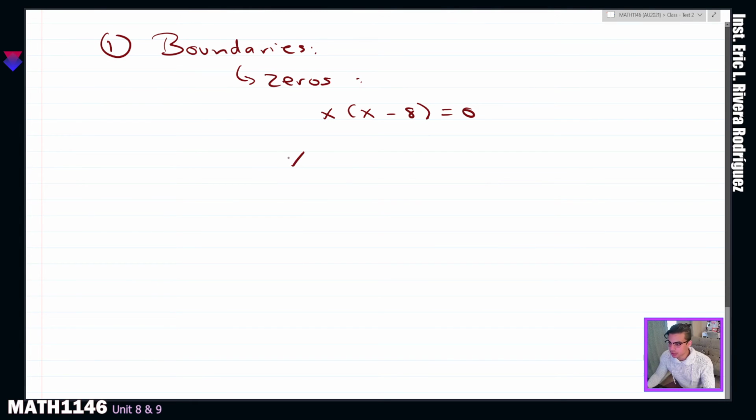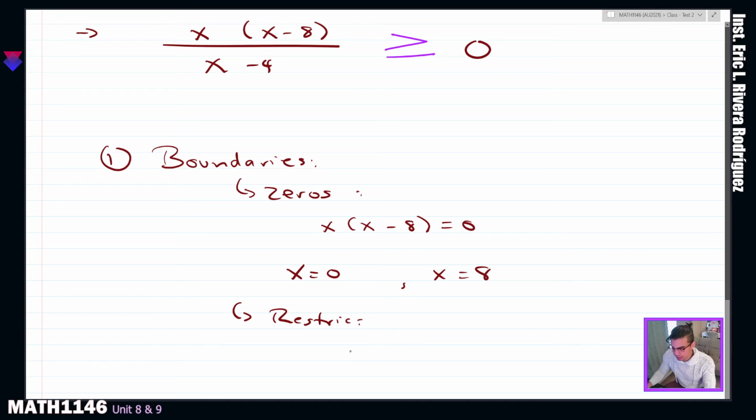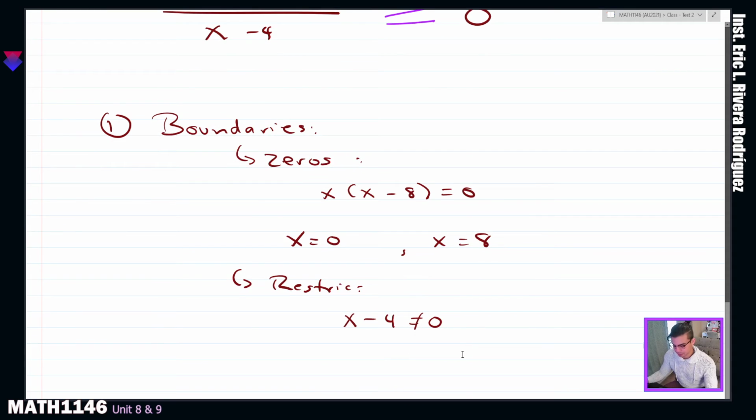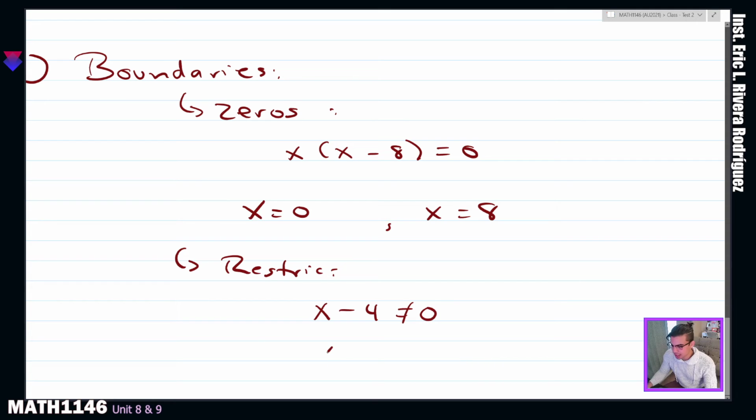So the zeros are x equals 0 and x equals 8. The restrictions is just 1. X minus 4 can't be equal to 0. Hence, x can't be positive 4.